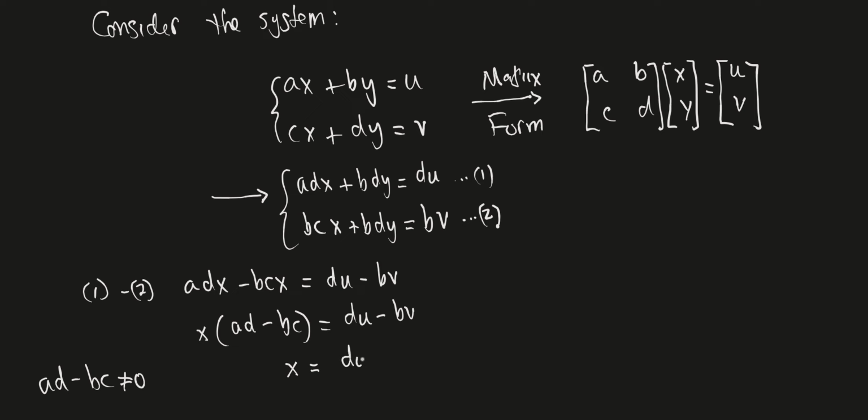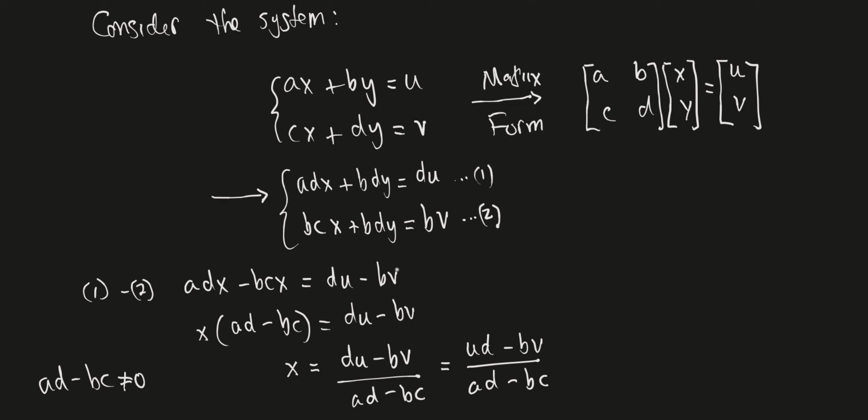It's going to look like du minus bv over ad minus bc. In fact, let me write this one more way, so that everything is matched up perfectly. I'm going to switch these around and put it as ud minus bv over ad minus bc. So keep that formula in mind.